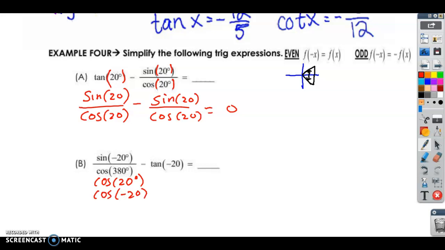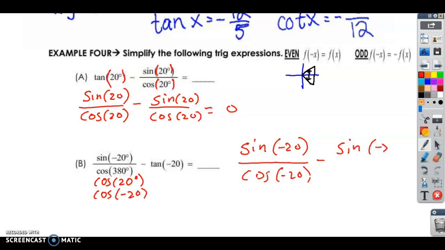So now let me rewrite the problem. So now I've got sine of negative 20 degrees, and you could have changed them all to positive. This is just a choice I made, over the cosine of negative 20 degrees minus, and this is tangent, so it's, again, sine over cosine.